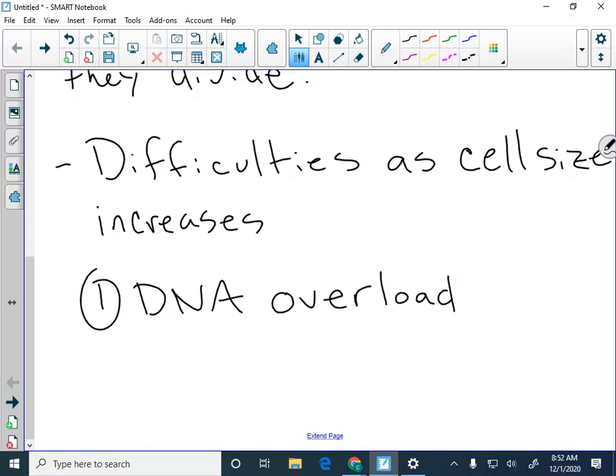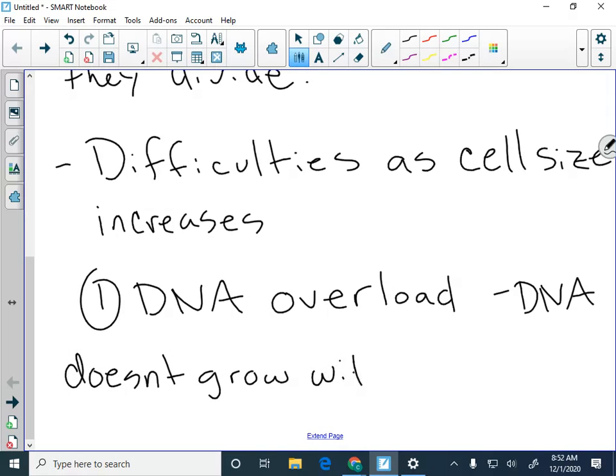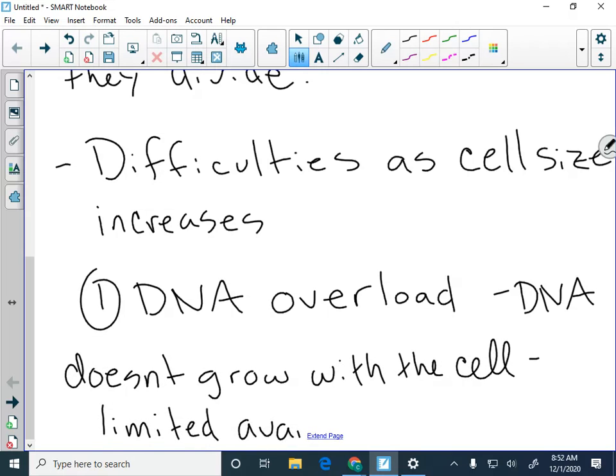So as a cell grows, information stored in DNA is used, but DNA doesn't grow. So DNA doesn't grow with the cell. So we have limited availability, which limits growth.